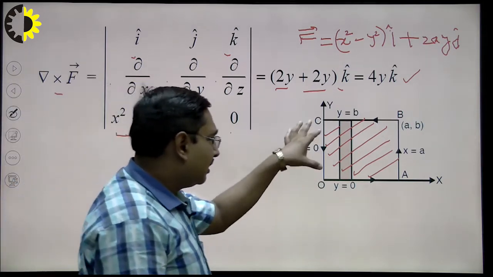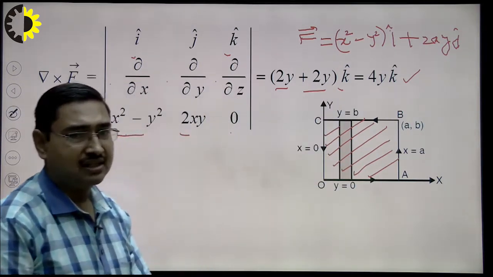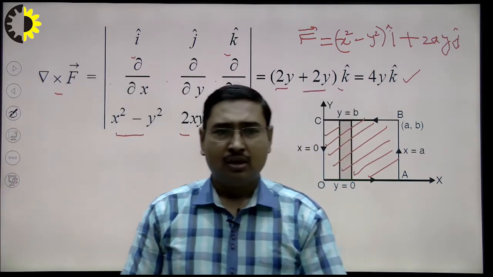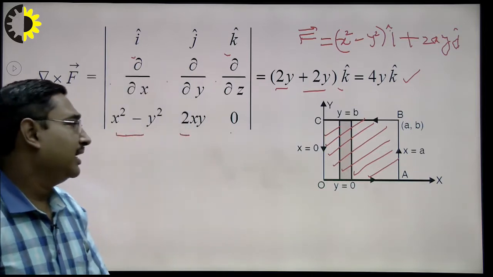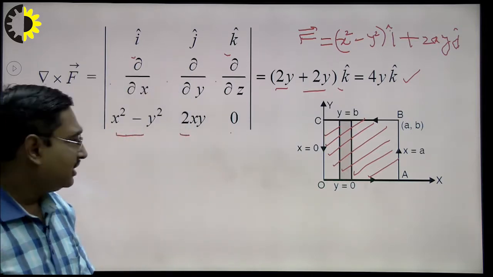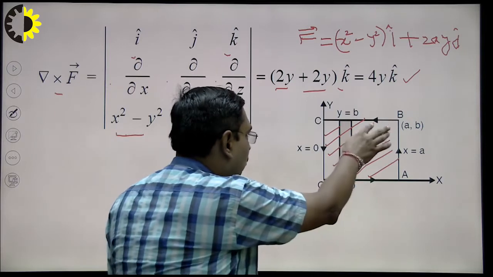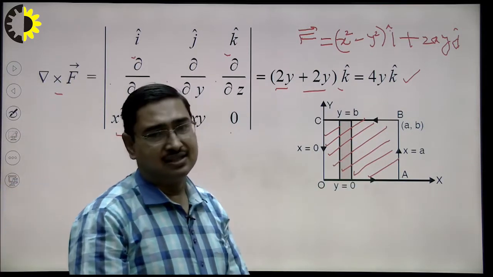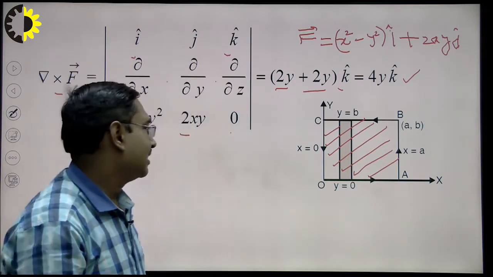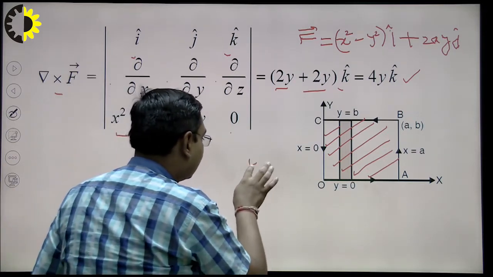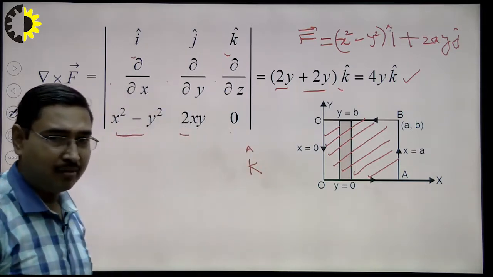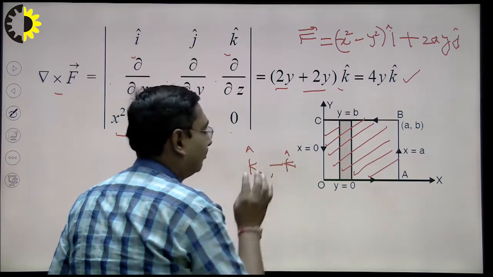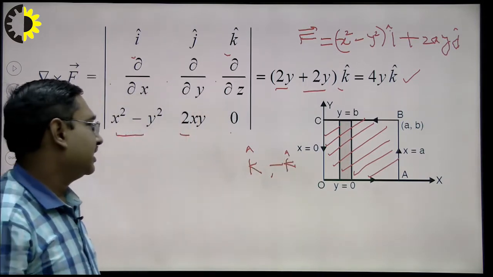It means the normal vector to the surface will be the normal vector to the xy plane. The normal direction to the xy plane is the direction of z, so the normal vector will be in the direction of the z axis, and there can be two vectors, one is vector k cap and another is vector minus k cap, if I change the direction to the opposite.